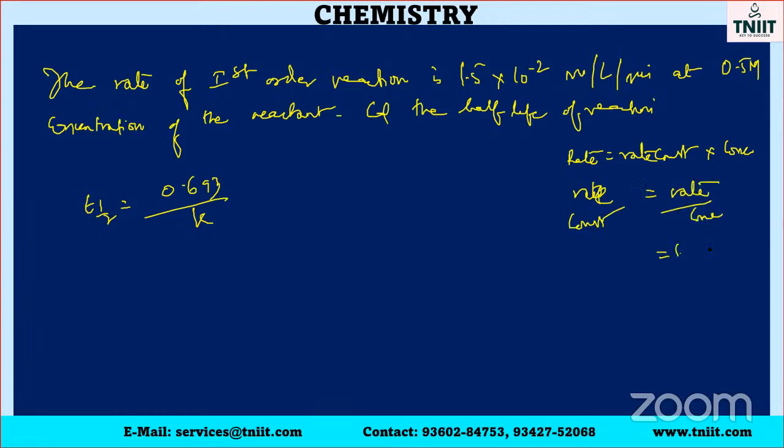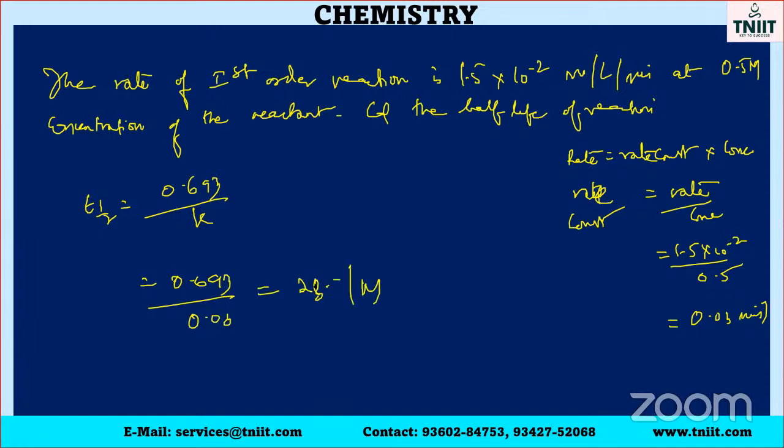Rate they have given 1.5 into 10 to the power minus 2, concentration 0.5. That will be equal to 0.03 per minute. So the half-life period is 0.693 by 0.03, which is equal to 23.1 minutes. So these kinds of questions can be asked in your exam.